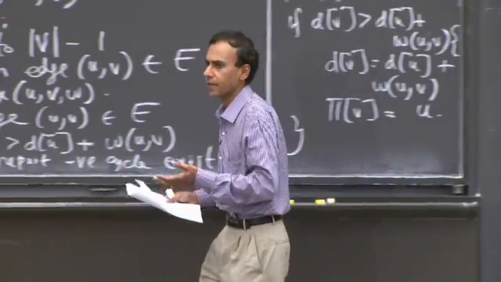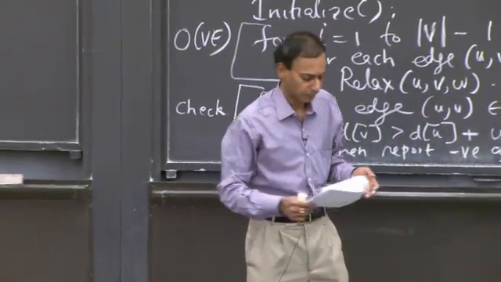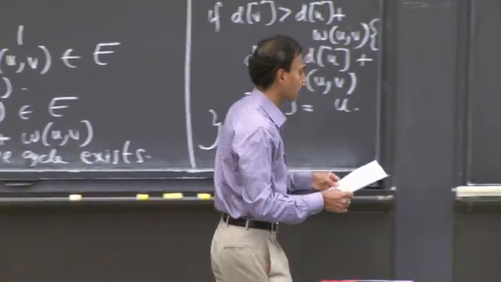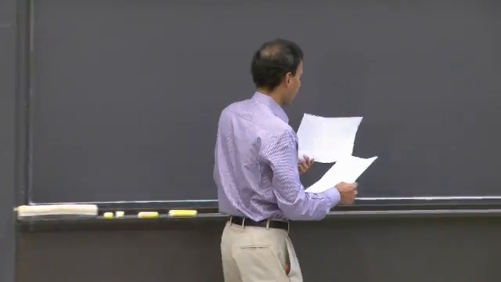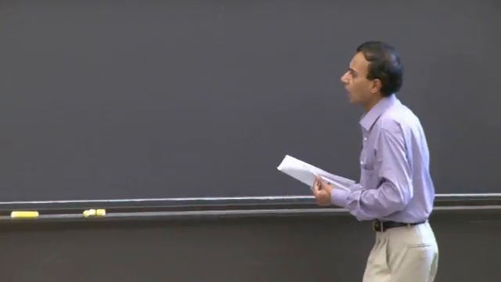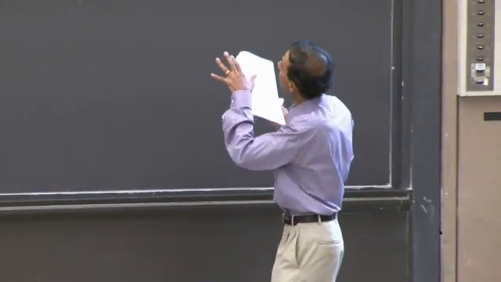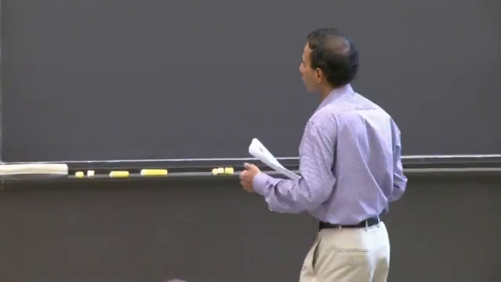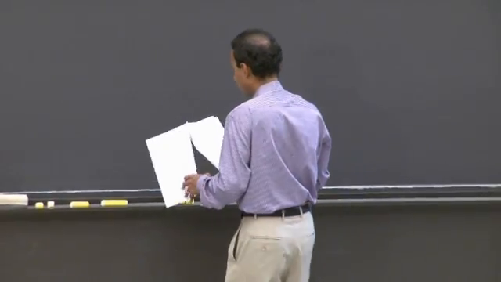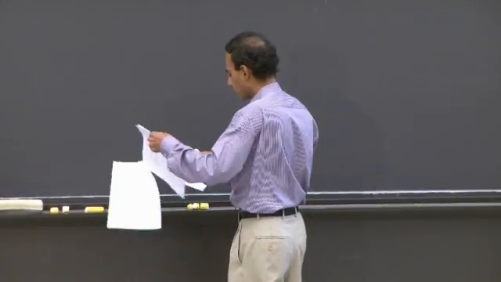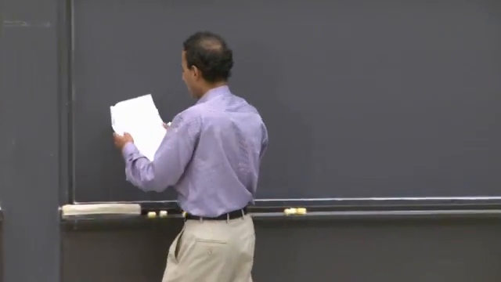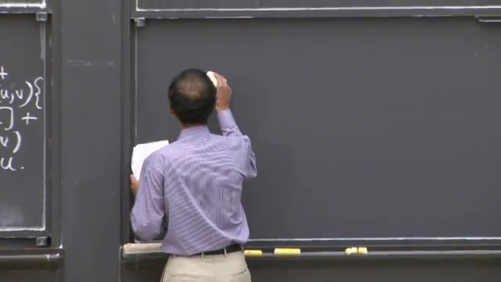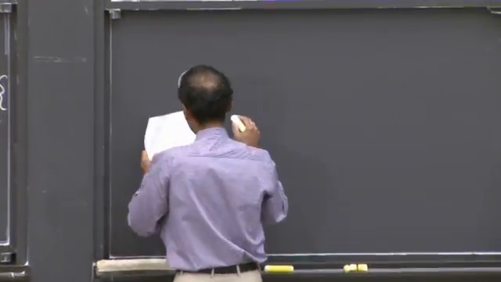So one of the first things that we have to do in order to prove this theorem is to think about exactly what the shortest path corresponds to in a generic sense. When we have a source vertex s and a particular vertex v, here's the picture we need to keep in mind.